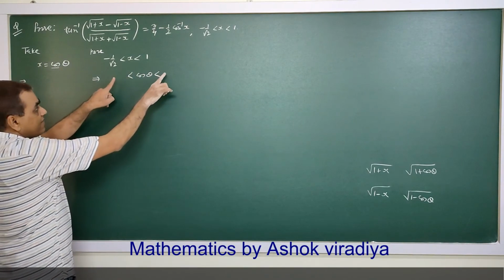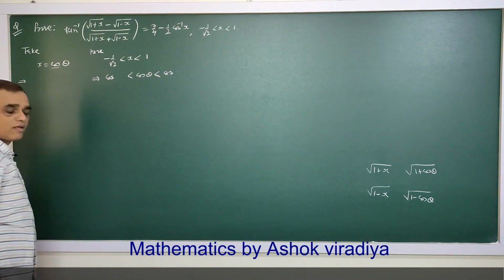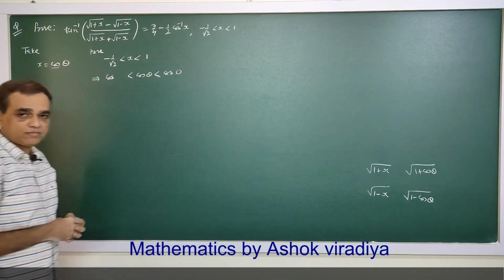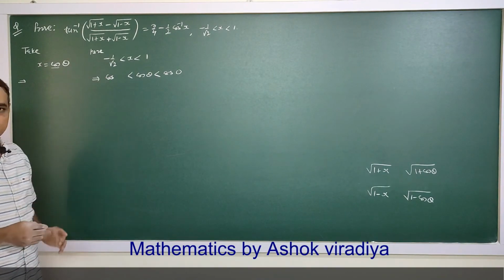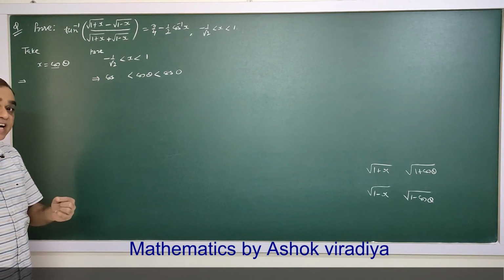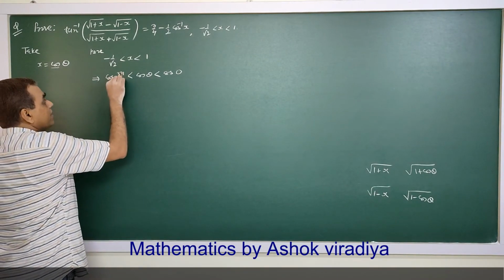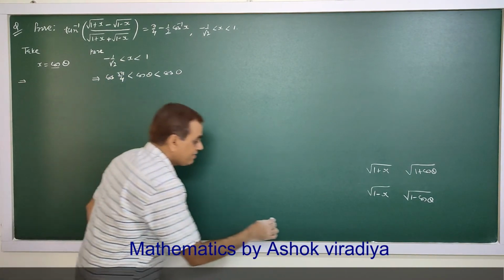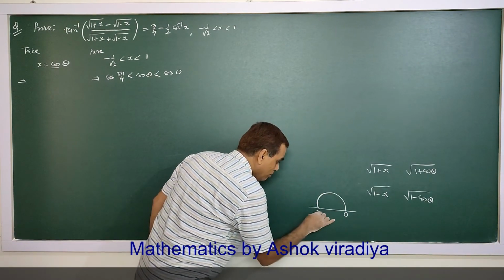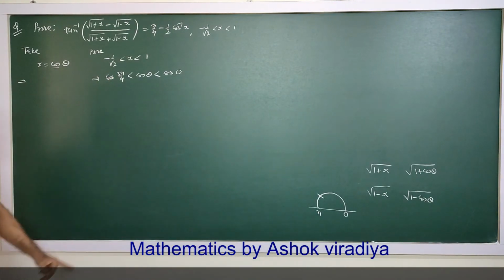So on both sides, left hand side and right hand side, we write values in terms of cosine. 1 is cos 0. Minus 1 by root 2, see, this is negative, so take from the second quadrant. So it will be 3 pi by 4, because whenever we discuss a problem of cosine, the domain of cosine is 0 to pi. So that's why taken from the second quadrant, 3 pi by 4.